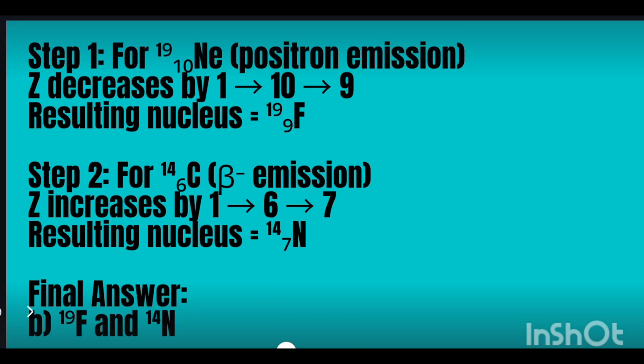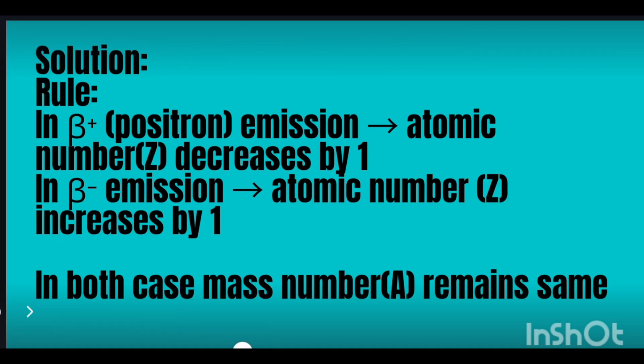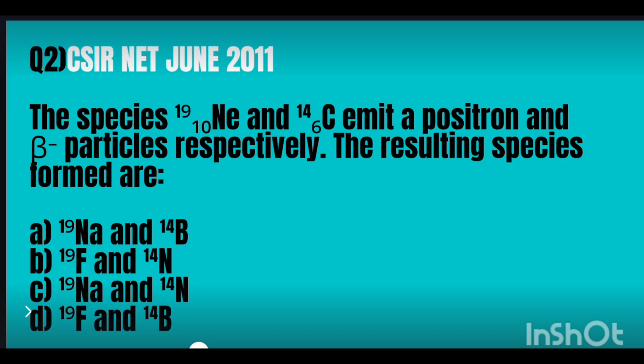In step 2, for carbon-14 (6), beta minus emission will happen. Here Z increases by 1. Here 6 will increase to 7. So the resulting nucleus is nitrogen-14 (7). The final answer will be option B, 19F and 14N. This is the correct answer.